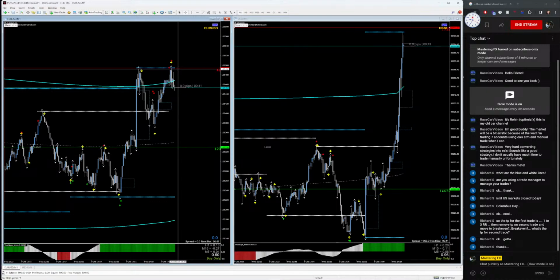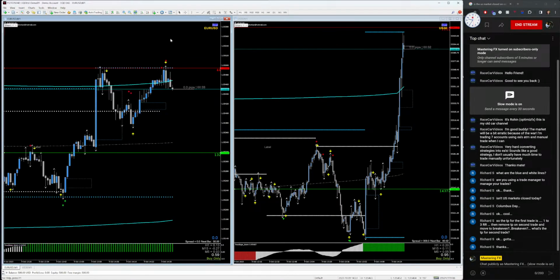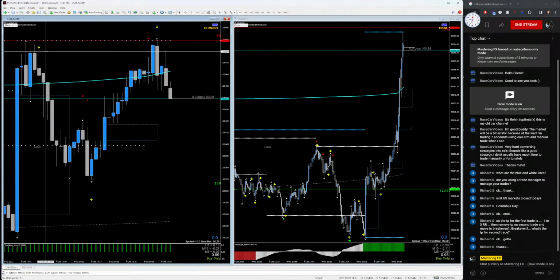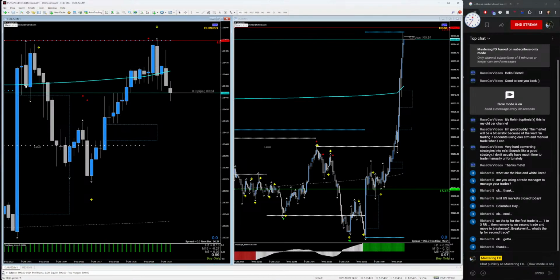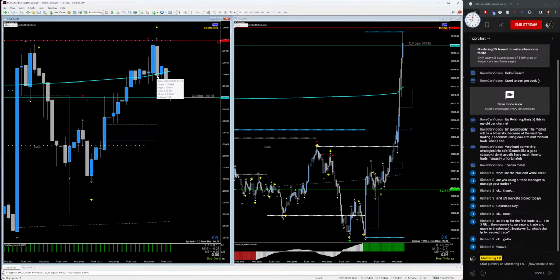And it did sweep the high again. Right here. Barely. Only by a little bit. But you can see this high was 5492 and this high was 5494.